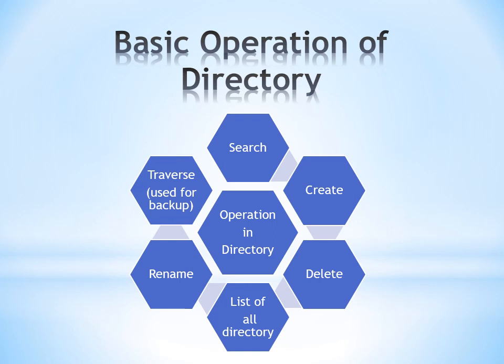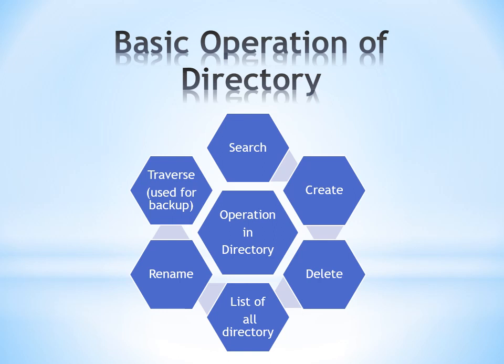Before this, you learned about file operations. These are the basic operations, and they are almost the same for directories. But the difference between the directory and the file is the traverse function. In a directory we can traverse.